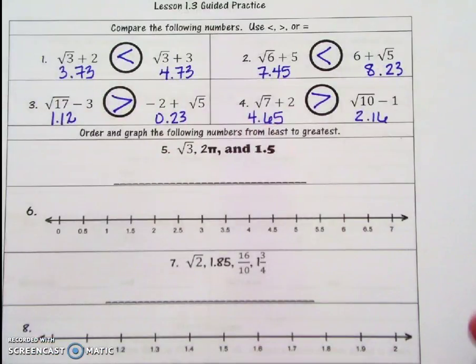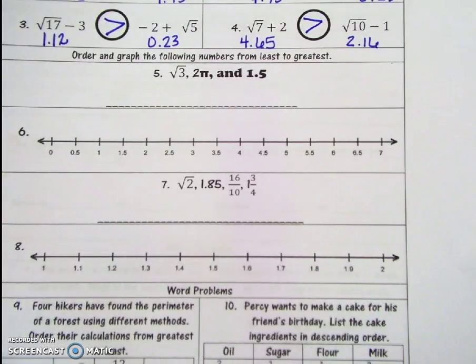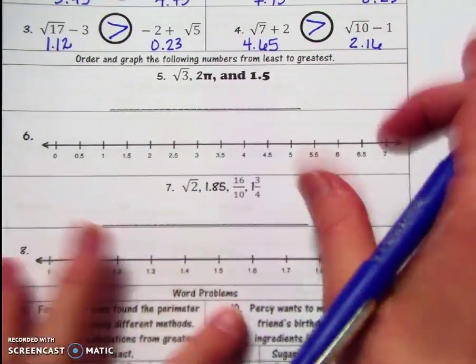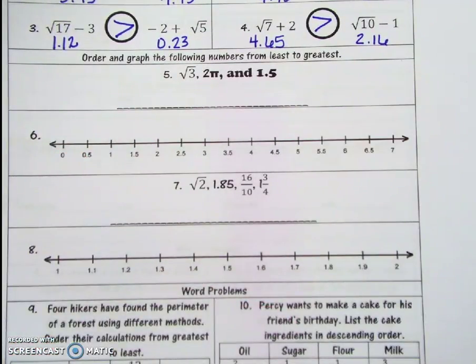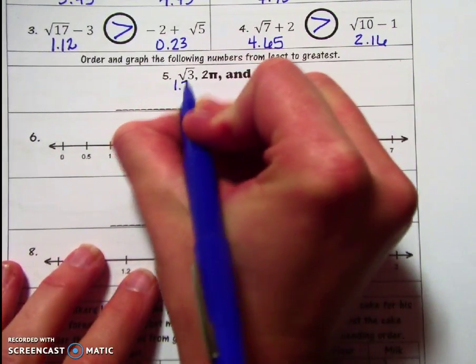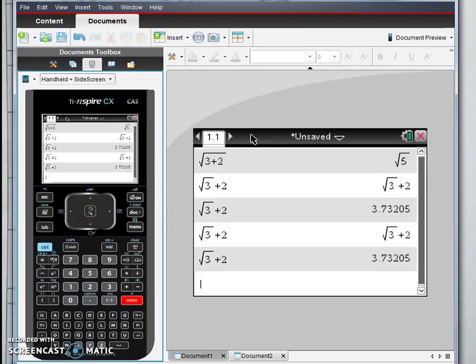All right, so on this next section, we're going to put the numbers in order from least to greatest. So again, first thing we want to do is make them all decimals. So what is the square root of 3? Good. Okay, 2 pi. All right, so your calculator has a pi button.